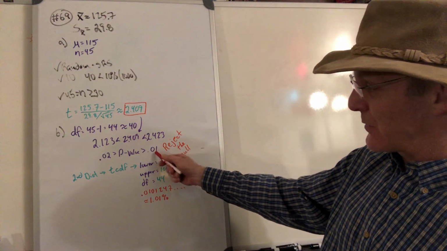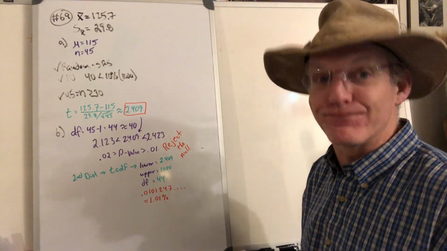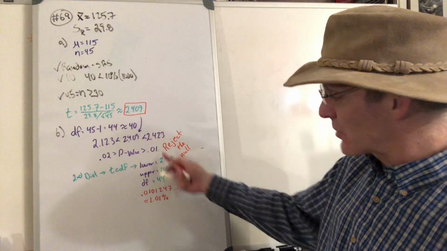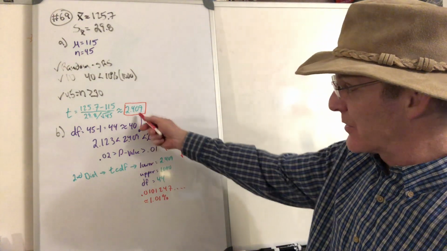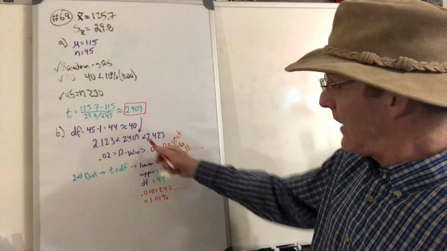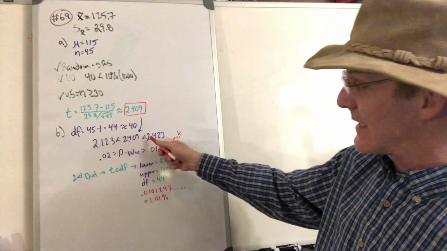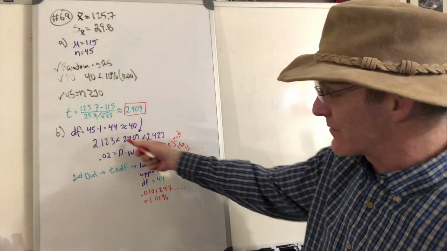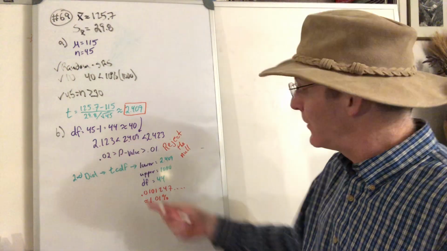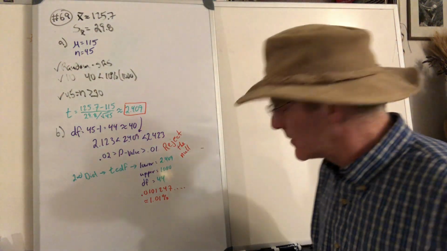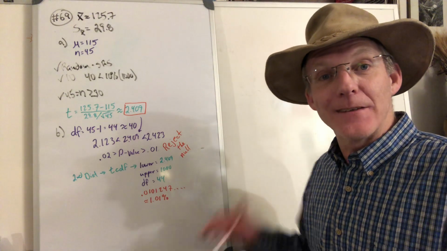So is that between 1% and 2%? Yeah, it is. Notice how much closer 2.409 is to 2.423 versus 2.123. So yeah, it looks appropriate. That looks like a good answer. I'm pretty happy with that.